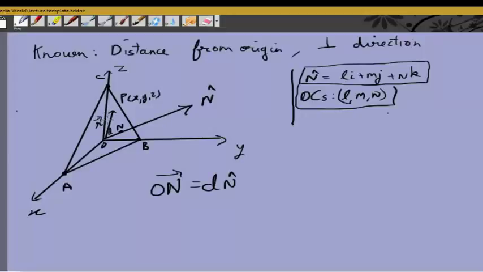This is just the vector r, which is just the standard variable position x i plus y j plus z k.